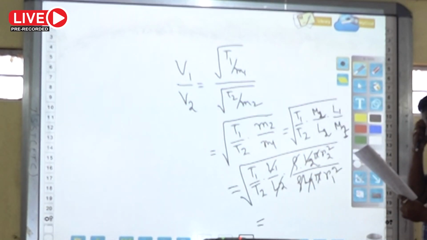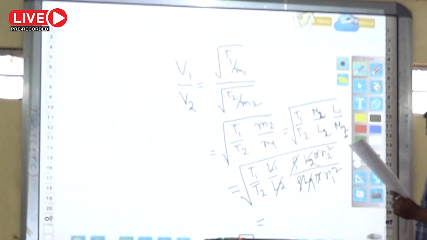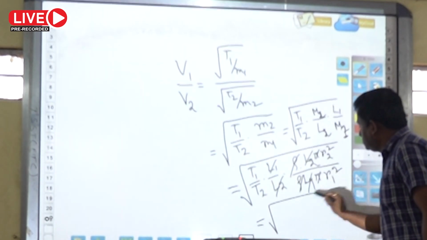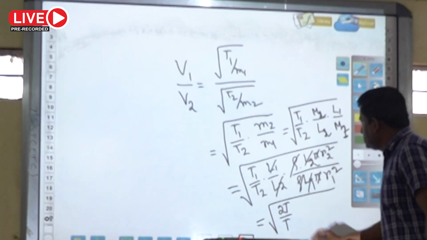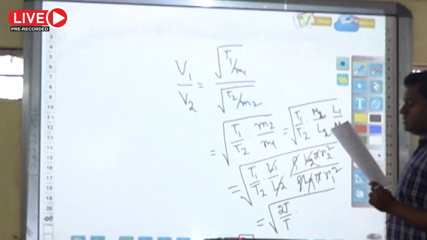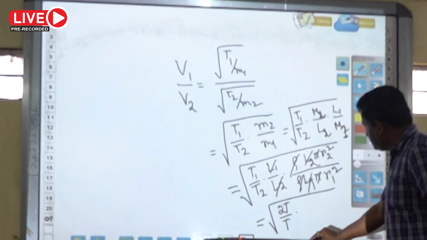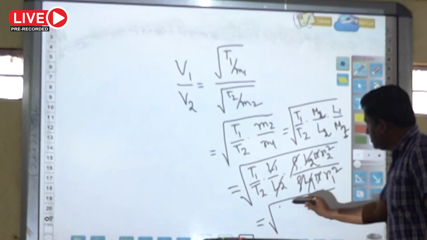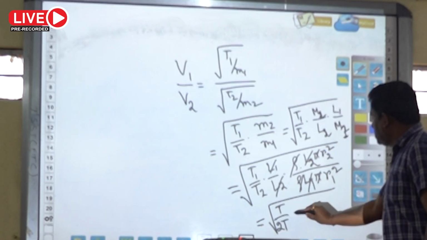Then tension is given. Tension in A is half that of tension in B. So T1 is T, T2 is 2T.